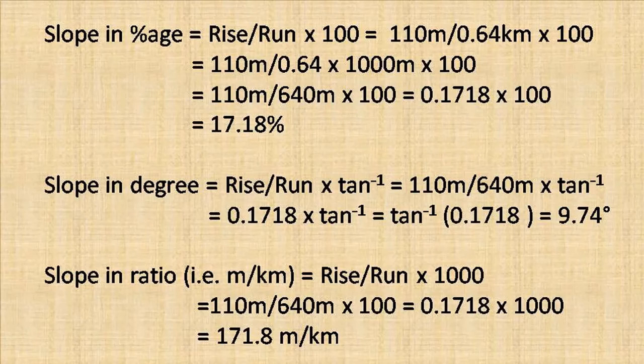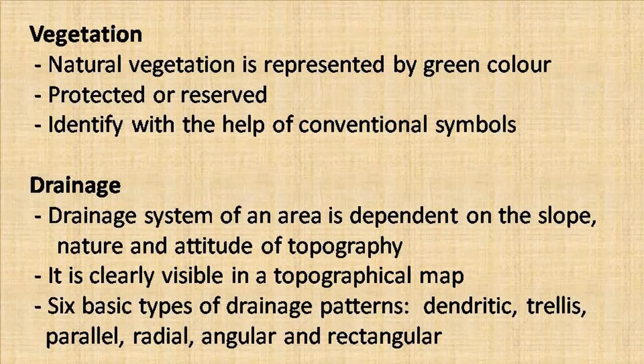So this is all about how we can calculate the slope with the help of the contour map. Other physical features present in topographical maps are vegetation and drainage system.